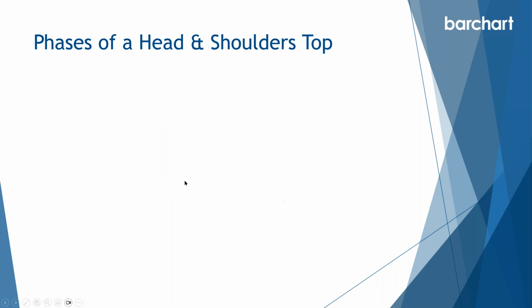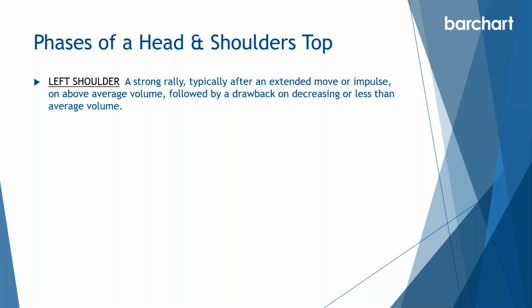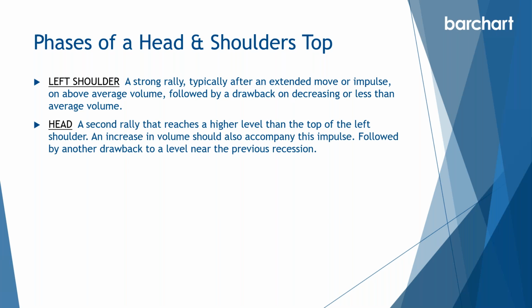So let's examine the four phases of a head and shoulders top. The left shoulder, and the two key points here are a strong rally on above average volume, and then a drawback on lighter volume. The head, a second rally that extends the price movement, though this rally's volume should increase, but maybe not as strong as the left shoulder.